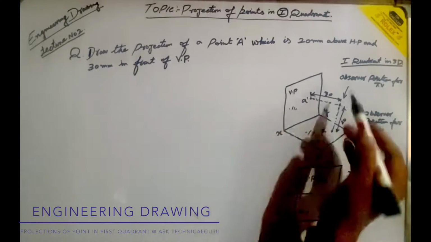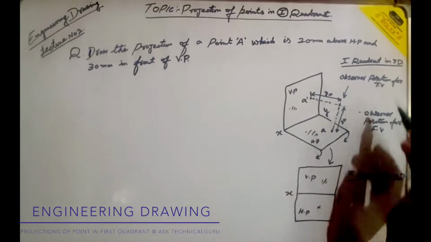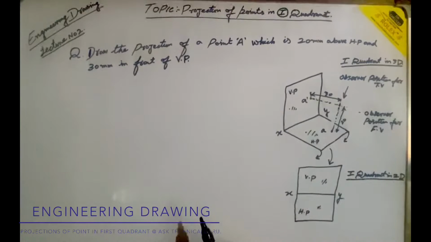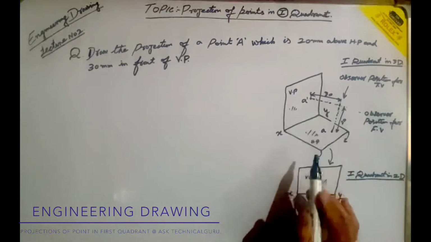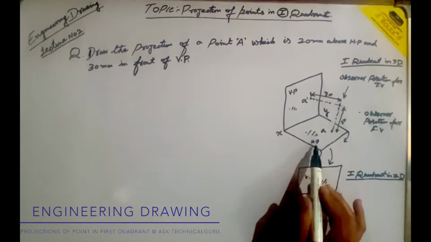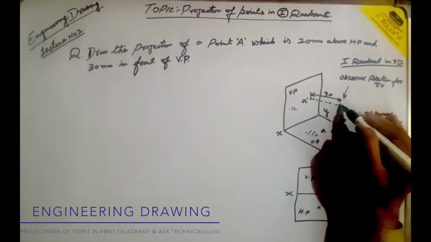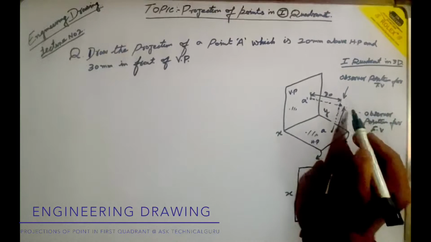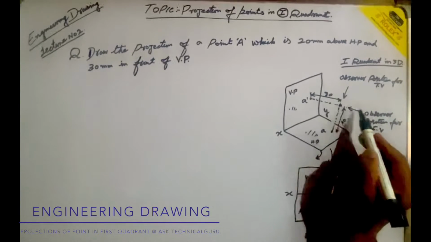This is the already 3D or three-dimensional diagram of a first quadrant system, in which we have the vertical plane, the horizontal plane, and a point of which we have to make the orthographic projections.